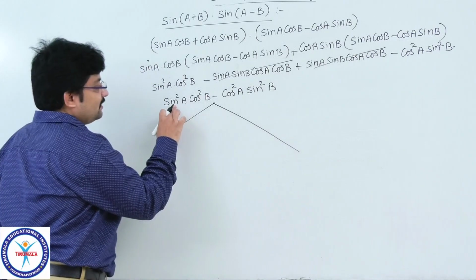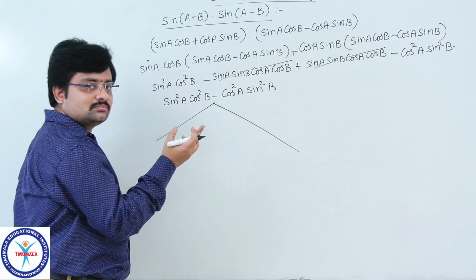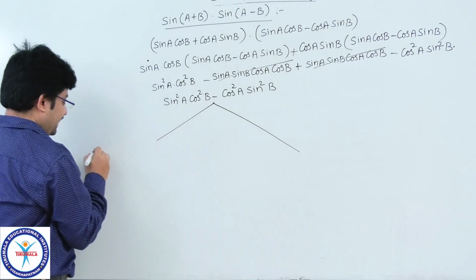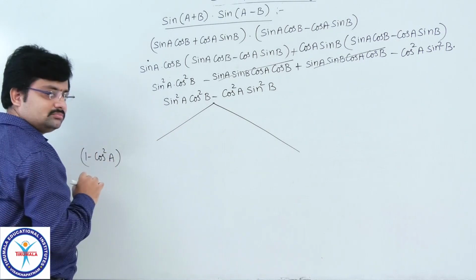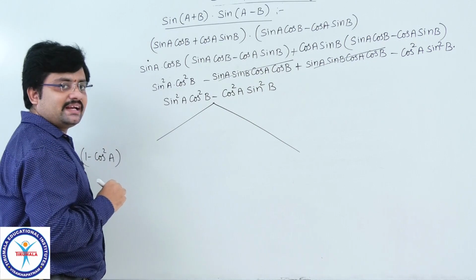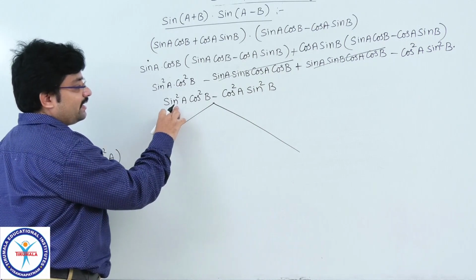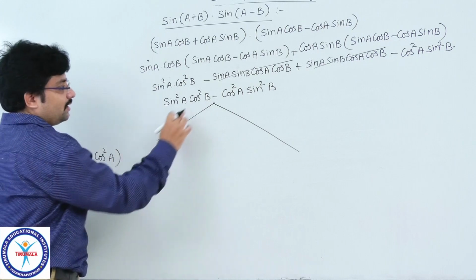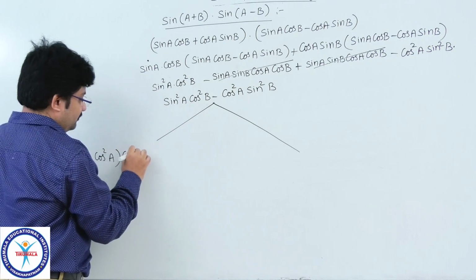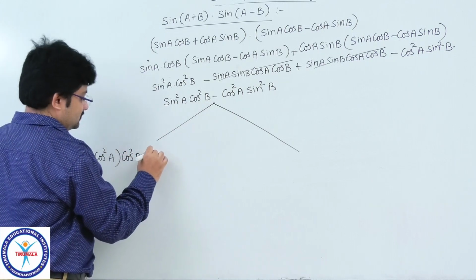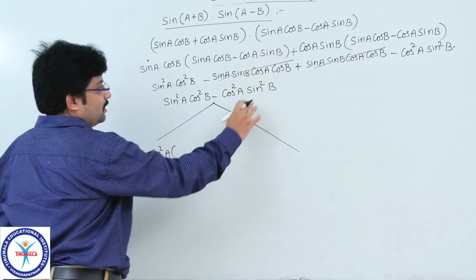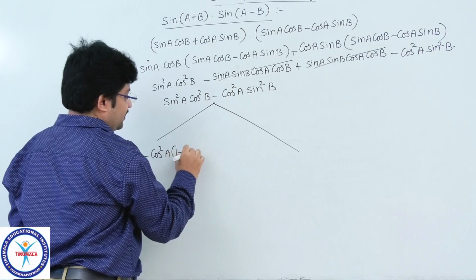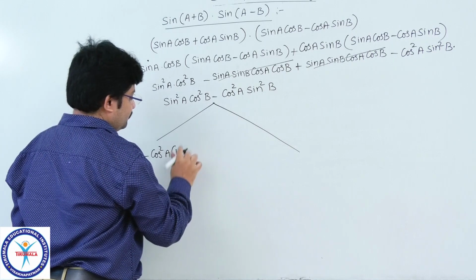I am converting the sin into cos, because sin square A can be written as 1 minus cos square A, into cos square B, minus cos square A into sin square B, which can be written as 1 minus cos square B.